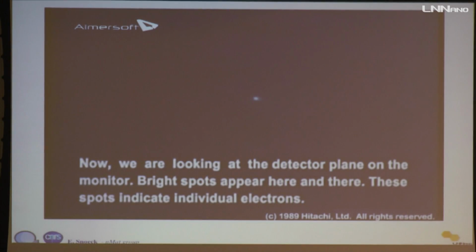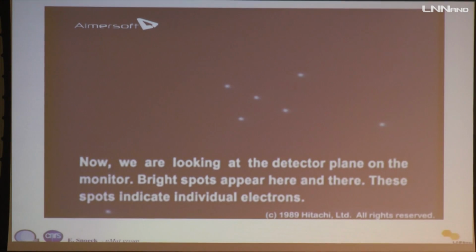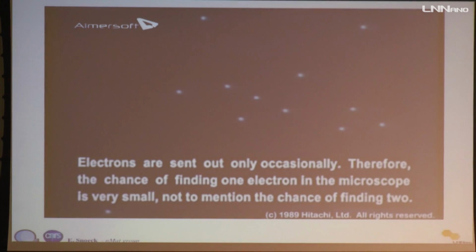So this is a movie done by Tonomura, a very famous Japanese researcher who did a lot in electron holography, and he is just saying what you read there. Bright spots appear here and there.